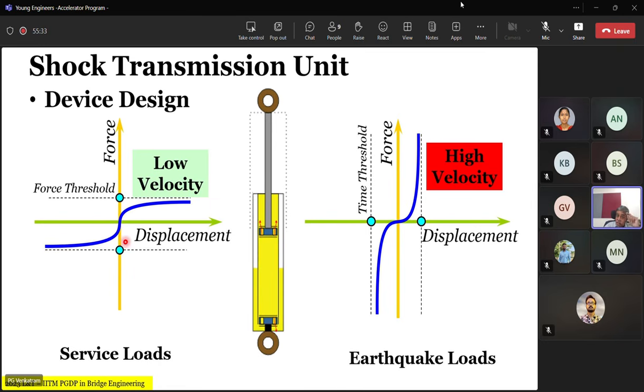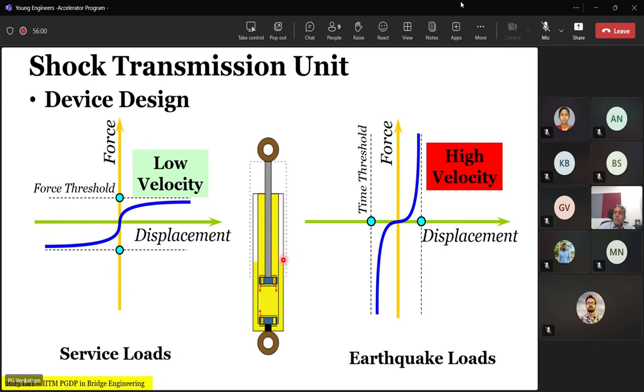I'm not saying this is equivalent to friction, but conceptually it is as if it has an upper limit depending upon the design of your shock transmission unit. There will be only a very minimal force. Remember, any movement that takes place, there will be resistance. There is no such thing as a free movement. In the case of pot PTFE, that resistance we call friction. In this case, that will be the resistance within this fluid block.